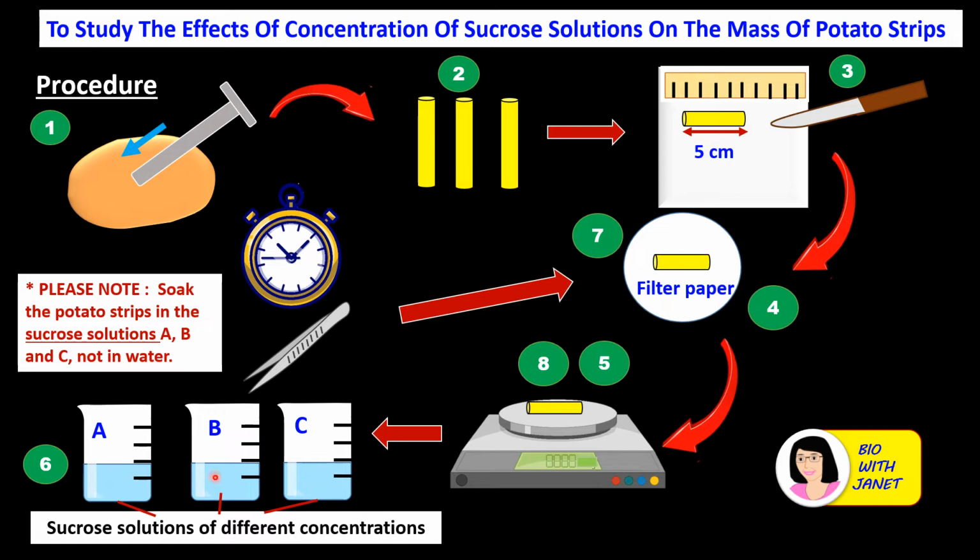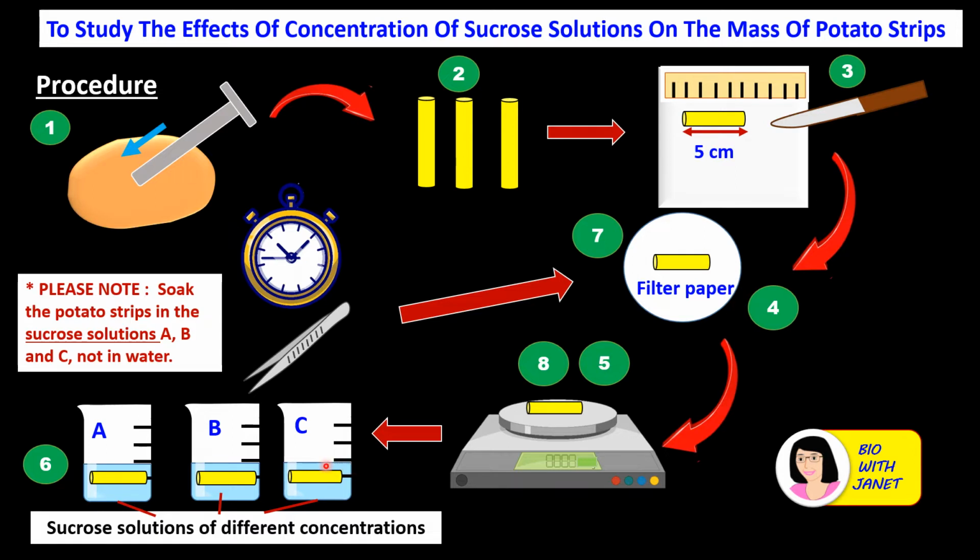So A, B, and C are sucrose solutions of different concentrations. So we soak the potato strips, okay, 1 in each beaker. Soak the potato strips in the sucrose solutions A, B, and C of different concentrations.